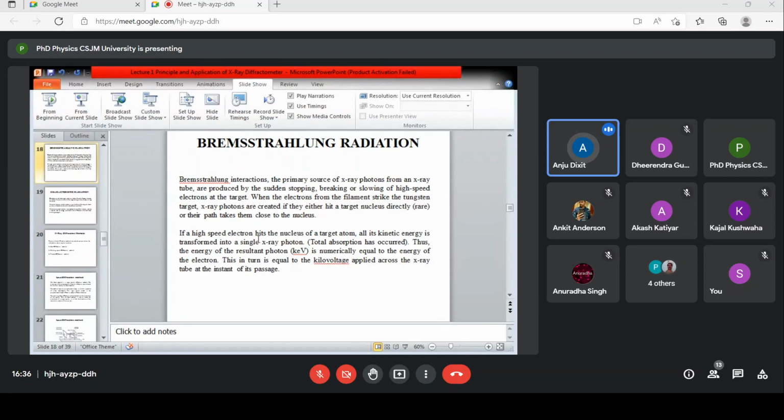So if a high-speed electron hits the nucleus of a target atom, all its kinetic energy is transformed into a single X-ray photon. That is, total absorption has occurred. So if the high-speed electrons generated in the cathode ray tube hit the nucleus of the target atom, bremsstrahlung radiation is produced there.